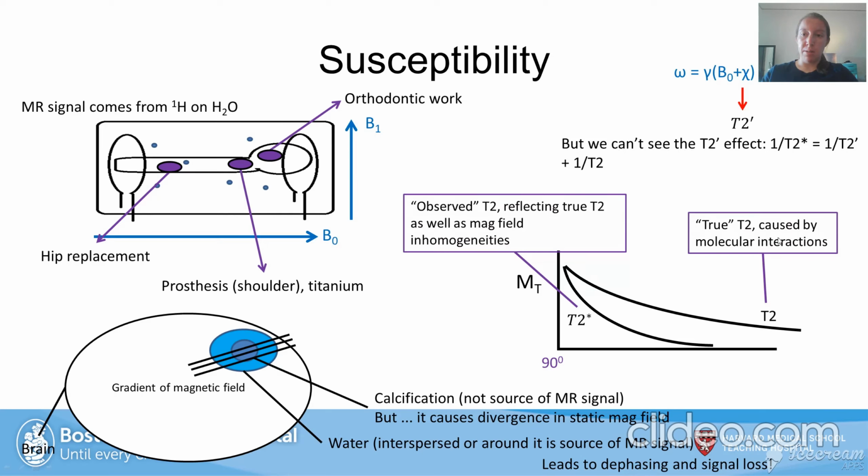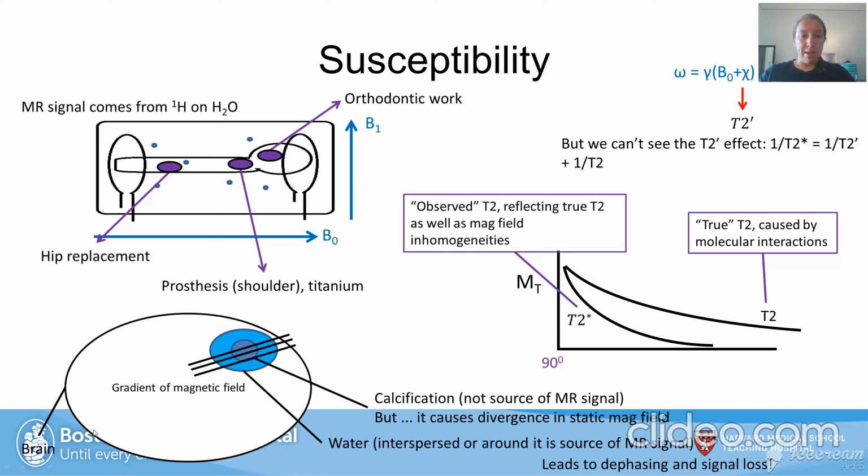True T2 is caused by molecular interactions, and the observed T2 reflects the true T2 as well as the magnetic field inhomogeneities. This part here, the magnetic field inhomogeneities, is what we're going to extract with T2 prime. We can solve for it just using this equation here, but that's really what the variable chi depends on.